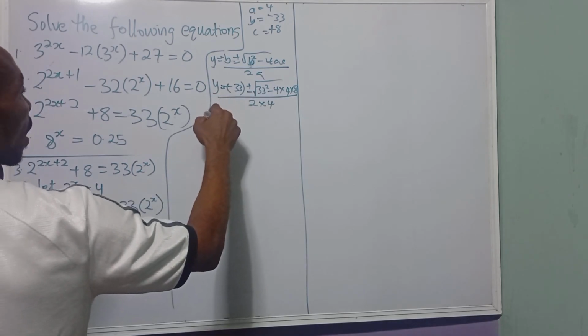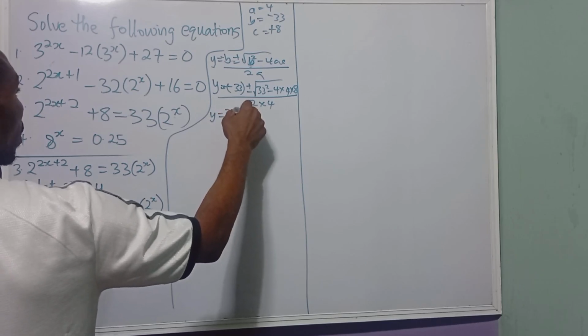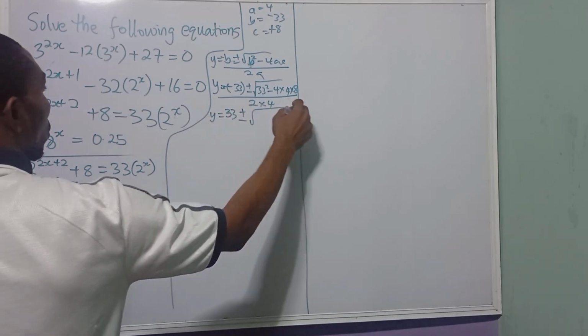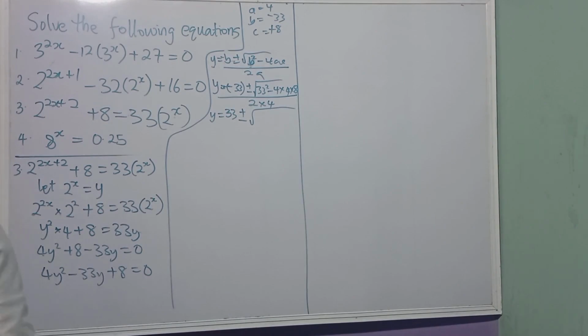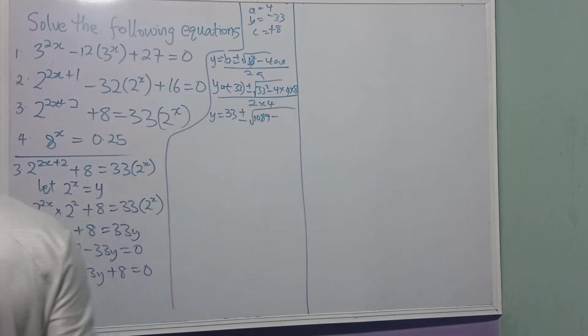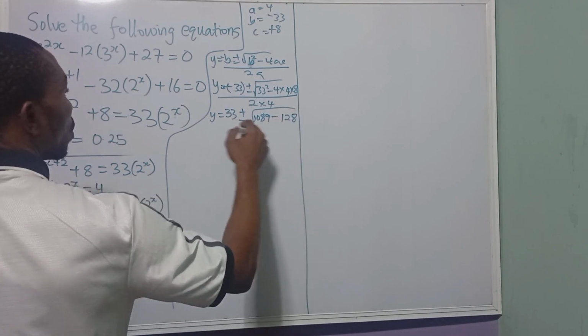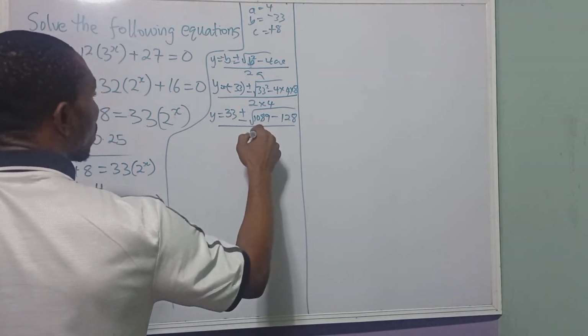So y equals 33 plus or minus root 33 squared, which gives us 1089, minus 4 times 4, 16, times 8, 128, all over 8.